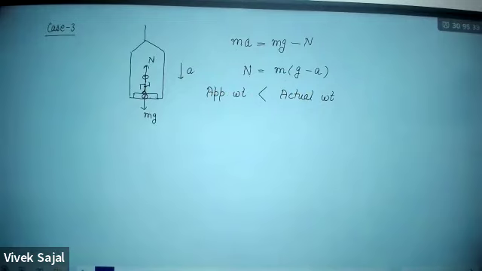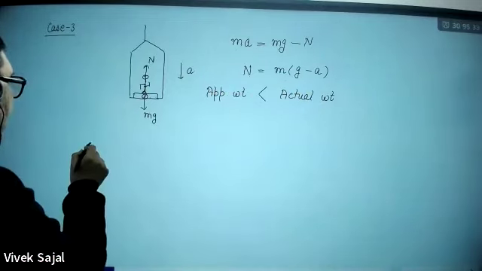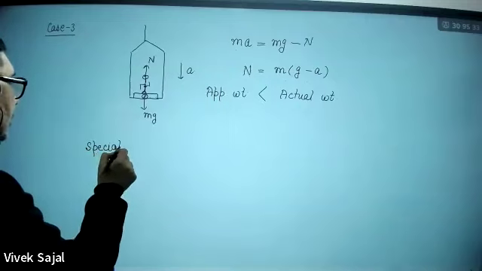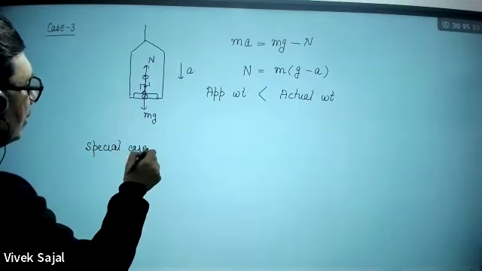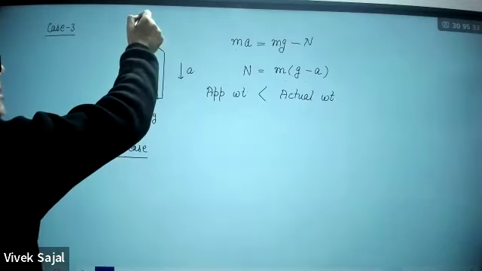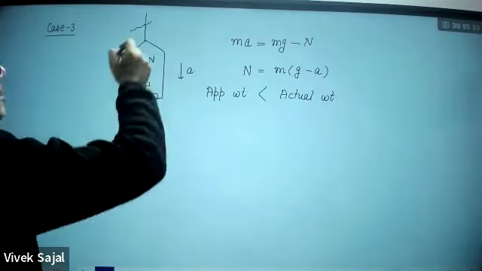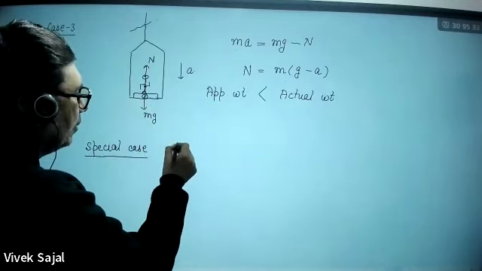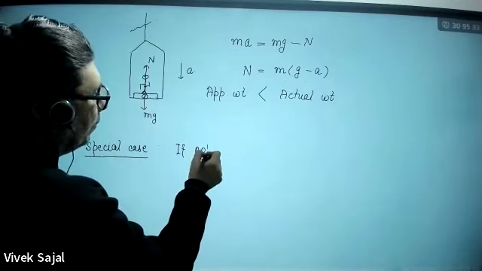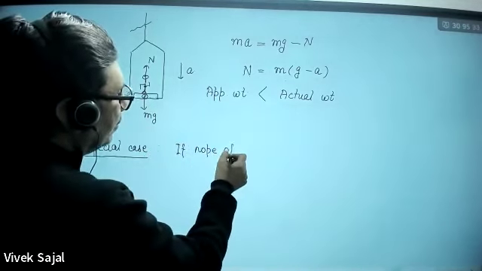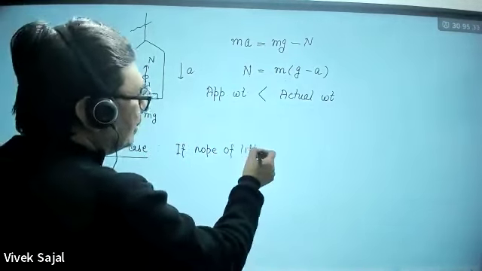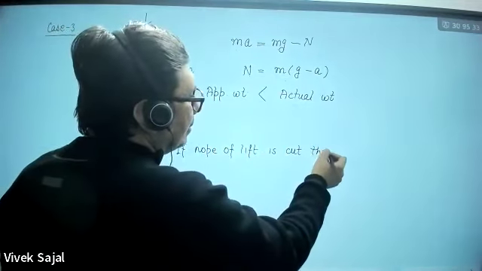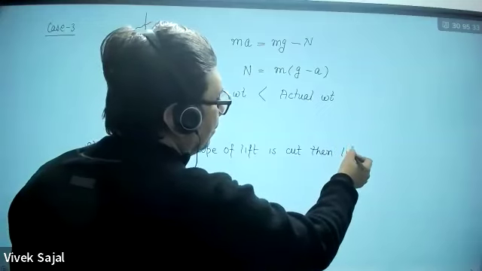Now suppose, ठीक है, even in this case, there is a special case. If you cut the string of this lift, if the rope of the lift is cut, then the lift will undergo free fall.